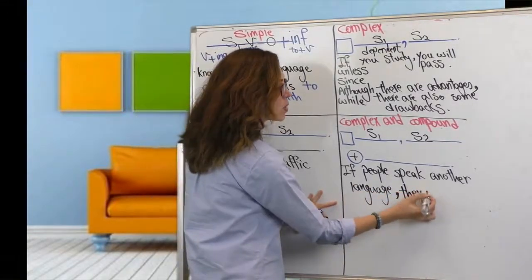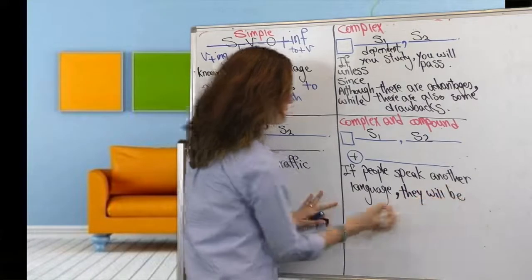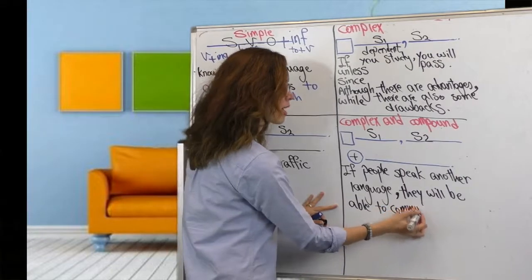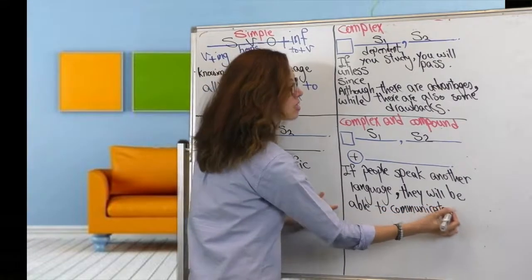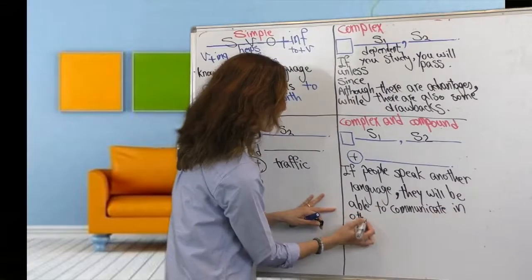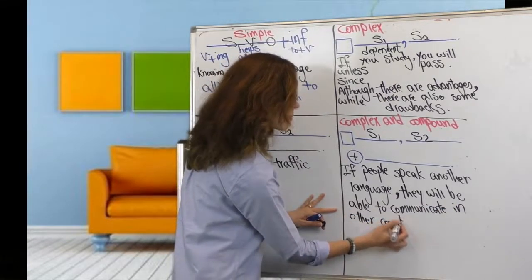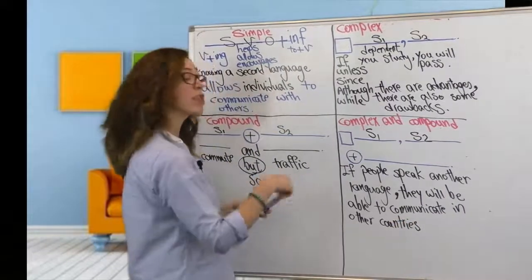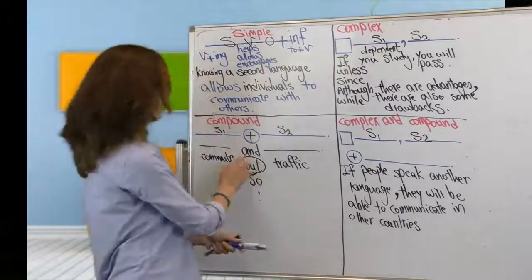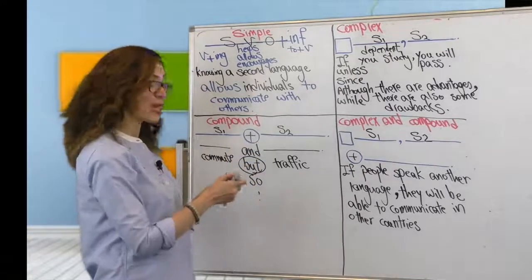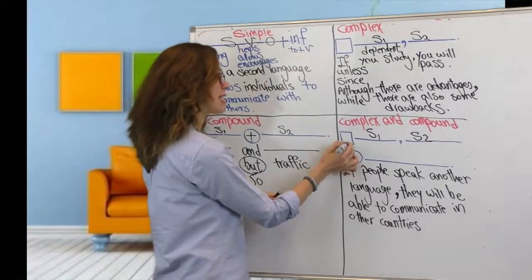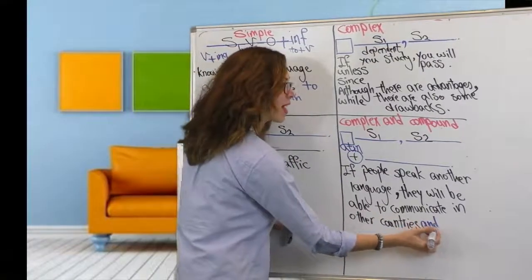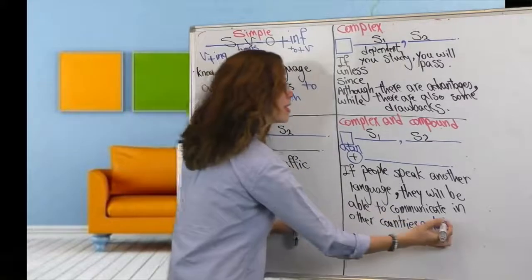They will be able to communicate in other countries. So my complex sentence is complete now. I would like to continue, so I can use the word "and," the linking word.